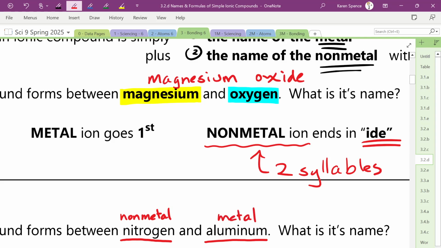So who has to come first? Does aluminum come first or does nitrogen come first? Aluminum, because it is a metal. So this one goes first, this one goes second. So it's going to be named aluminum.